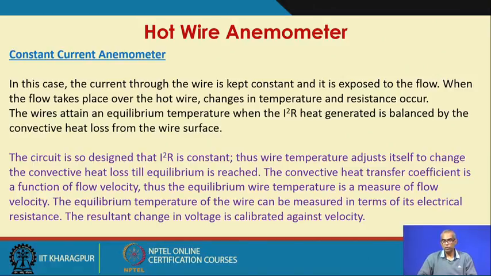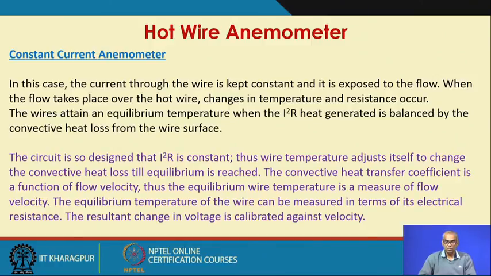So, equilibrium temperature will be established when I square R heat generated equals the convective heat loss from the wire surface. Now, the convective heat loss will depend on the convective heat transfer coefficient. Now, convective heat transfer coefficient depends on the flow velocity according to King's law. So, the flow velocity also decides what will be the temperature of the hot wire anemometer.